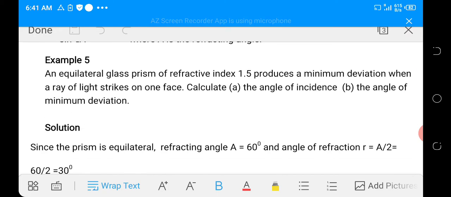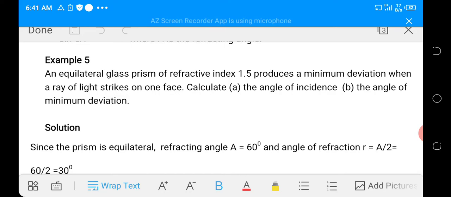So the following example will show how we can apply this formula. Example 5. An equilateral glass prism of refractive index 1.5 produces a minimum deviation when a ray of light strikes one face. Calculate A, the angle of incidence, B, the angle of minimum deviation. Solution.